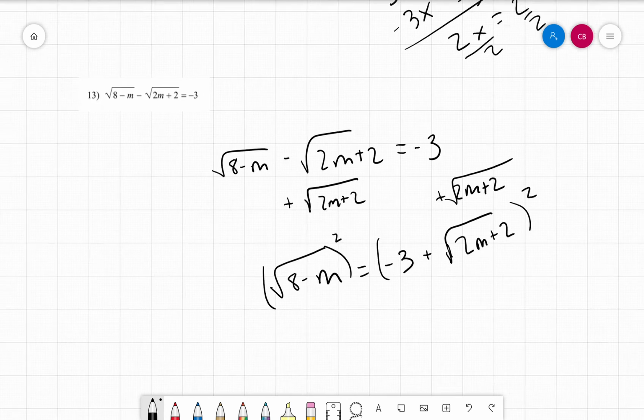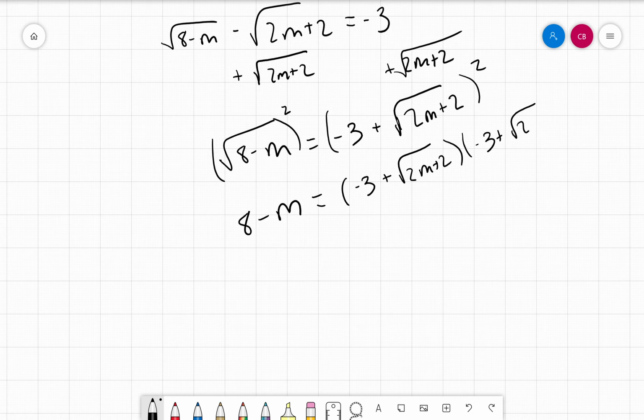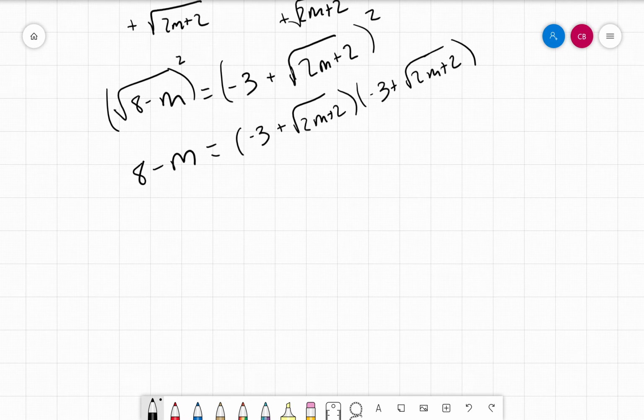We must do it in this fashion. So this is going to be simply 8 minus m is equal to negative 3 plus the square root of 2m plus 2, squared. Okay, so we have that. We're going to fill that out.